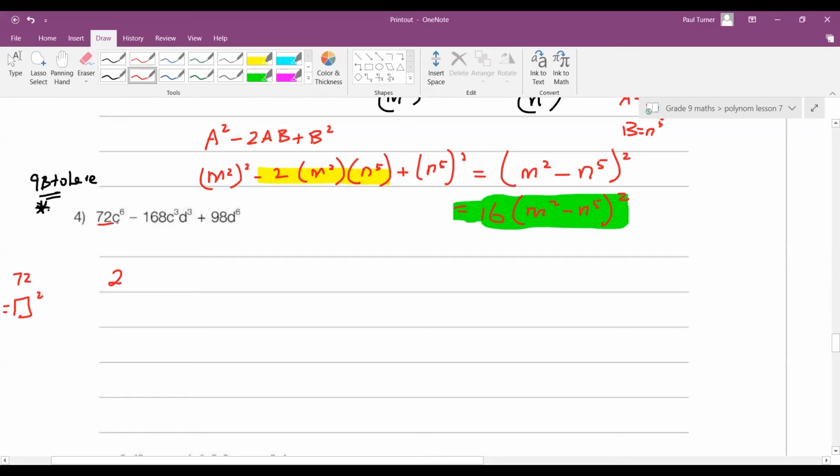So we see we have a common factor, which is 2. So we take out 2, and this is going to give us 36C6 minus 84 C3 D3 plus 49 D6, like that.